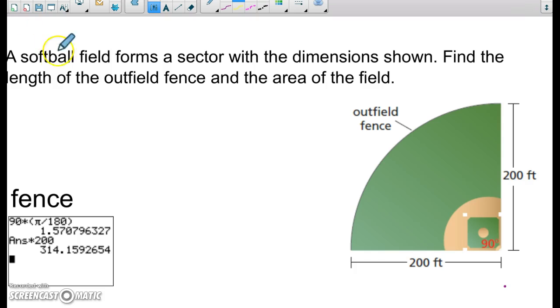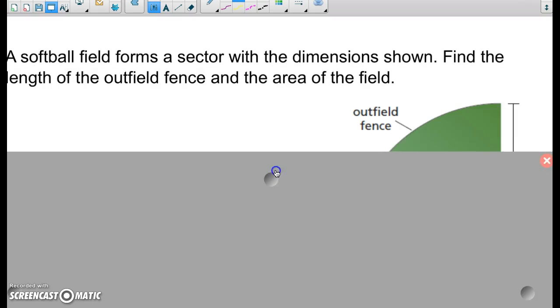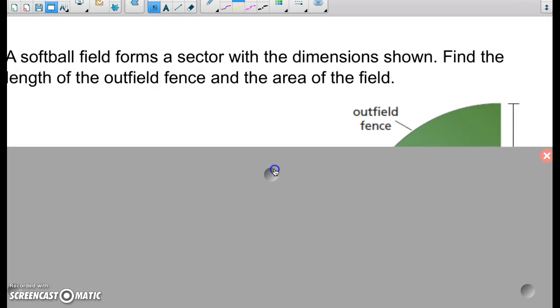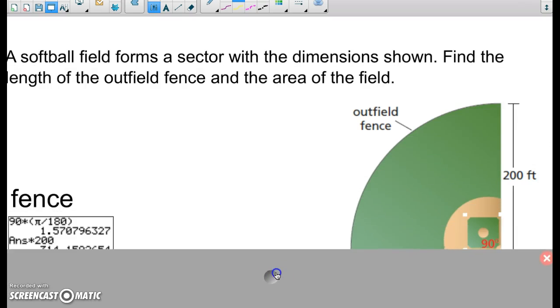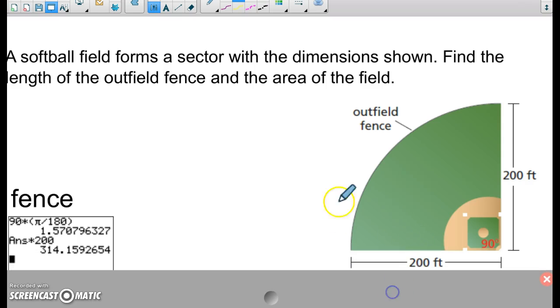All right, let's try an example. We have here a softball field, and it forms a sector. Here's my sector, and I want to find the length of the outer fence and the area of the field. You might notice this is a quarter of a circle, so that's a 90-degree angle.